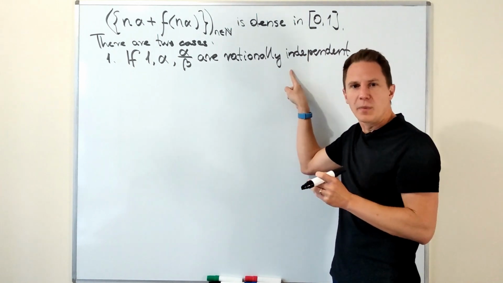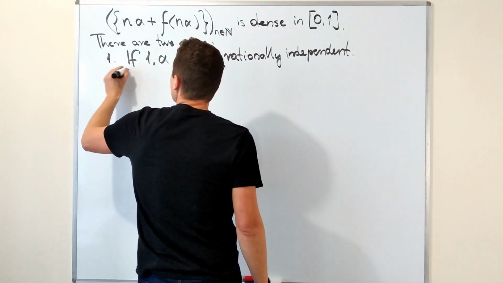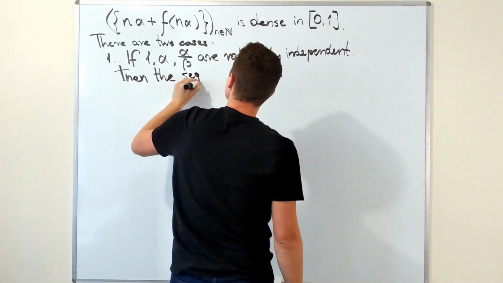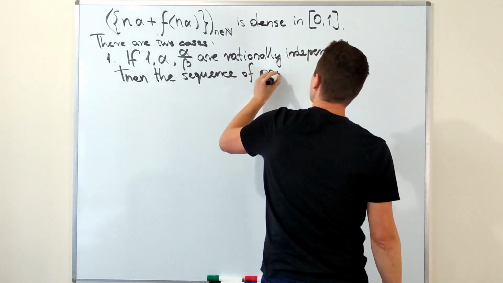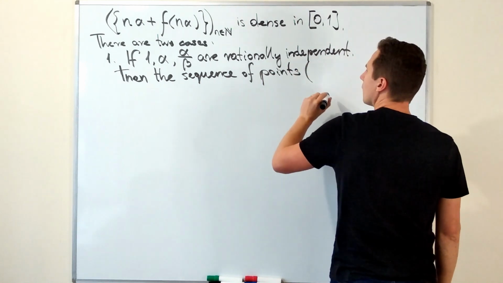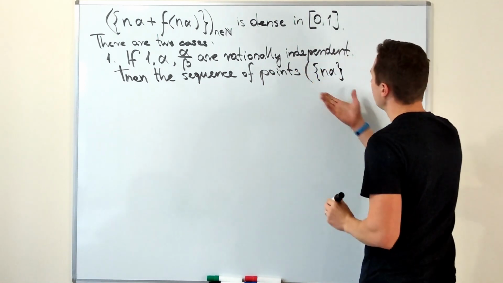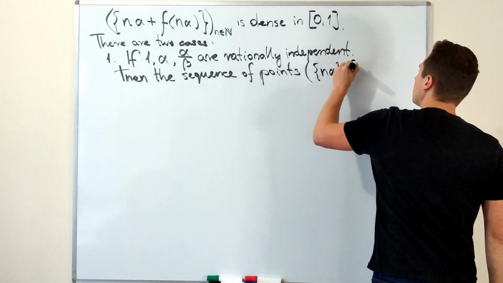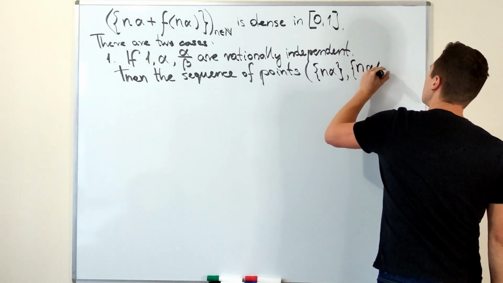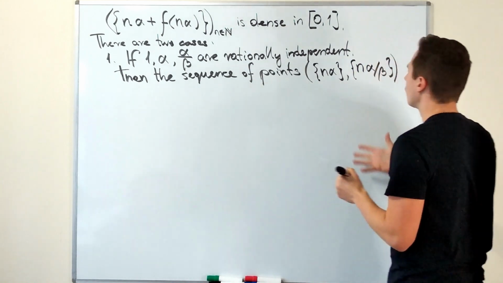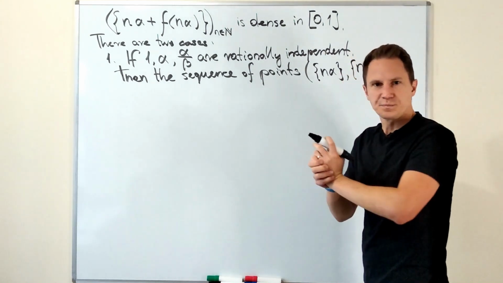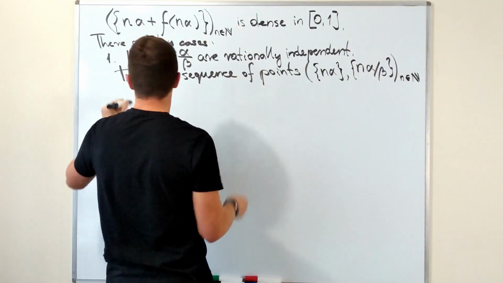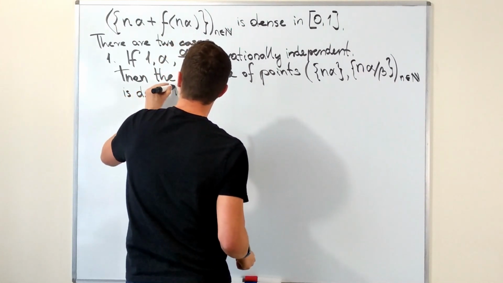If they are rationally independent, then the sequence of points having coordinates, the first coordinate being the fractional part of n times alpha, and the second coordinate being the fractional part of n times alpha over beta, as n goes through the natural numbers, is dense in the unit square.